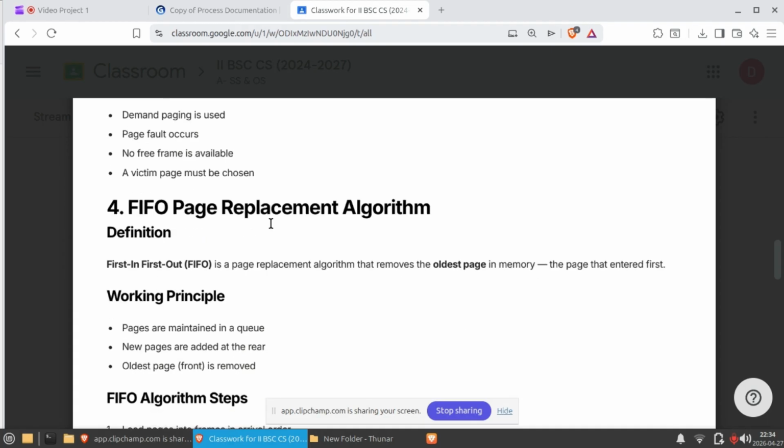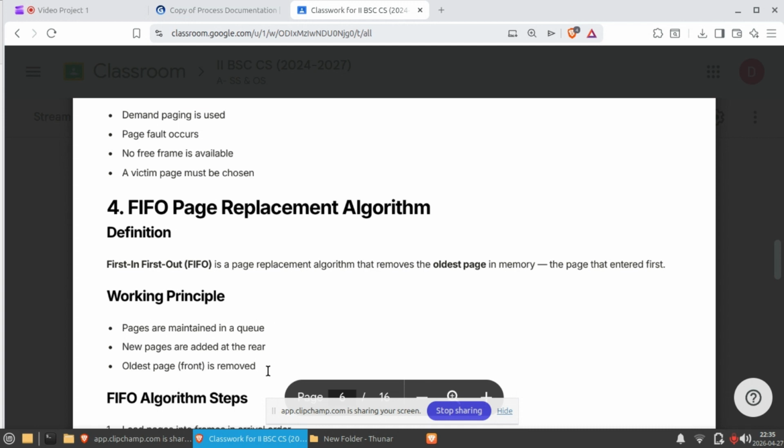Then, types of page replacement. The first one is FIFO page replacement. This is the first in, first out algorithm. The first loaded page is removed first. The working principle is that pages are maintained in a queue.